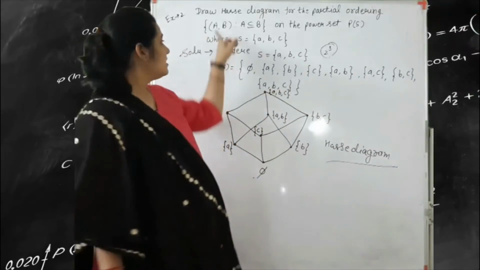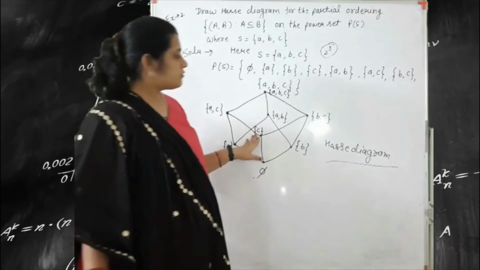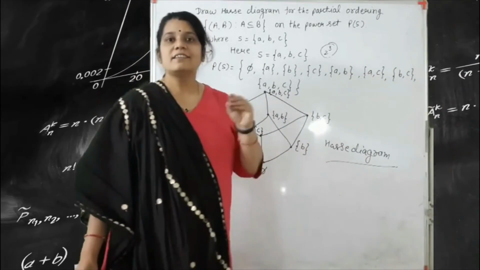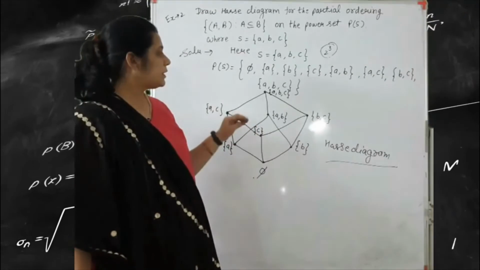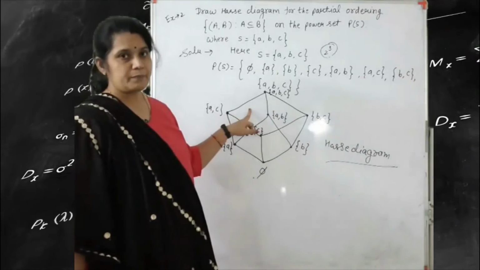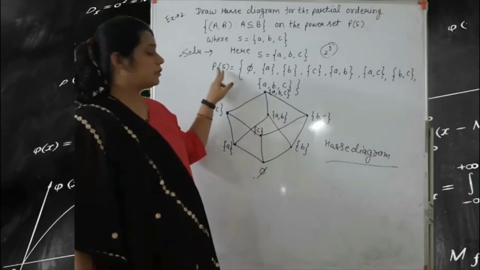Okay, this is the relation set. So with the help of this Hasse diagram, we write here the relation set. And this example is very important because according to this example, we write here all the vertices according to our power set.